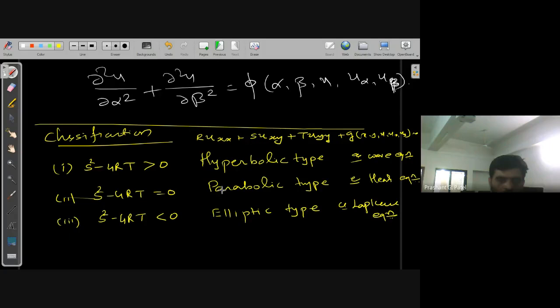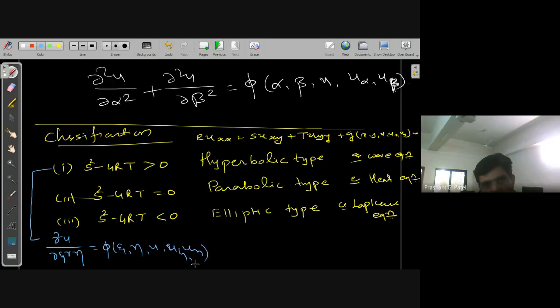So the equation is of this type: hyperbolic type, parabolic type, or elliptic type. In the first case, the canonical form will be reduced to del square u by del xi del eta equal to phi of xi, eta, u xi, u eta.